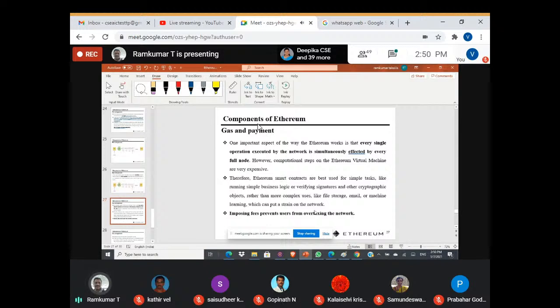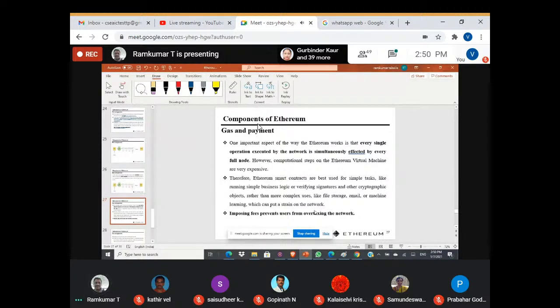So here also, if it is free, with no need to pay anything, then when you do your transaction, we will store all our unnecessary data into the blockchain, which gives more burden to the blockchain.